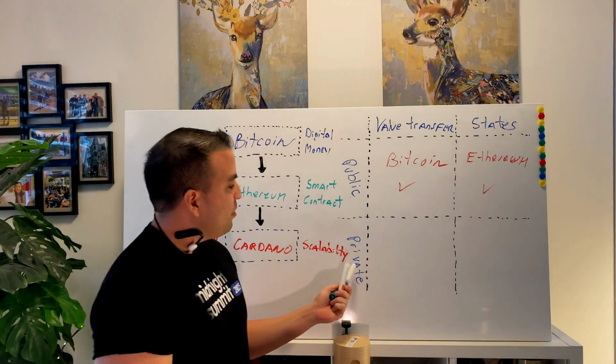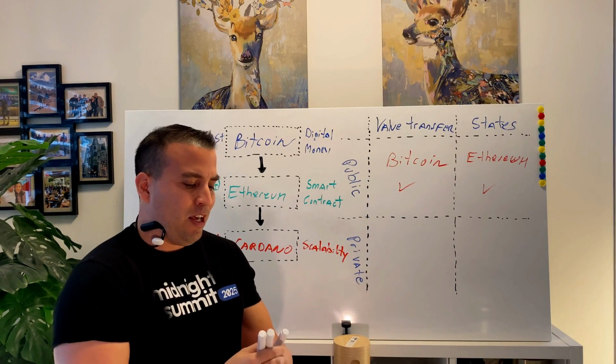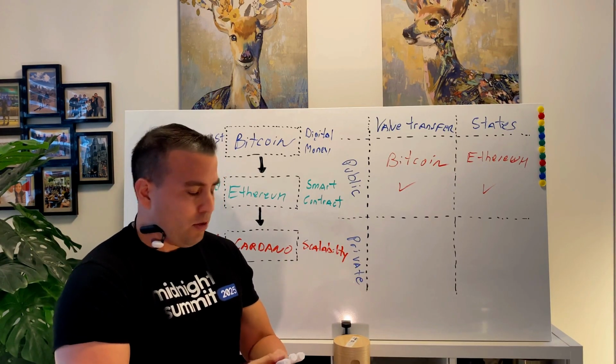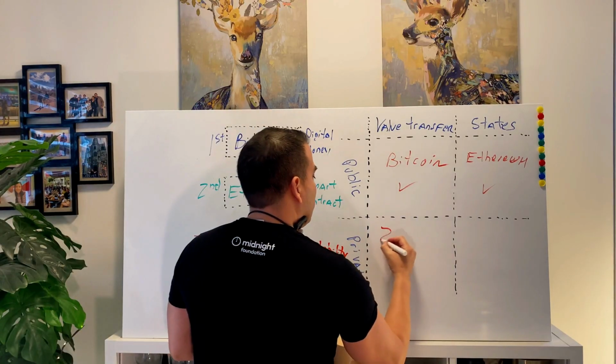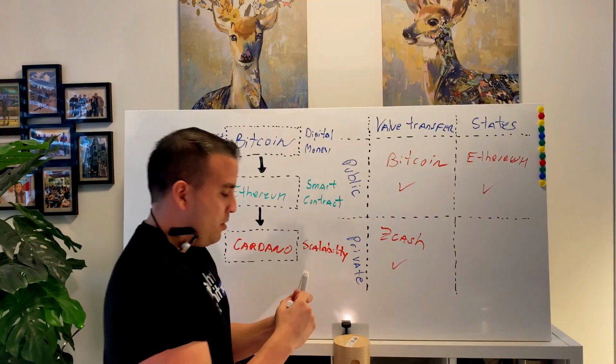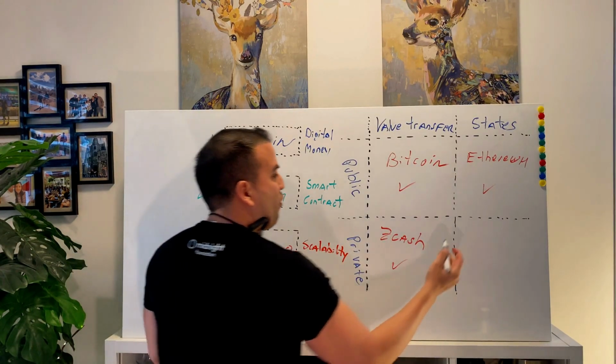Then we have privacy with value transfer. This is actually a new breakthrough blockchain called Zcash. Done. So actually what we see here, what is missing, is this fourth quadrant.